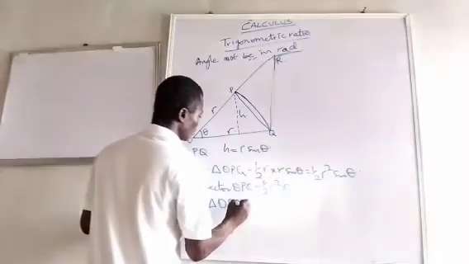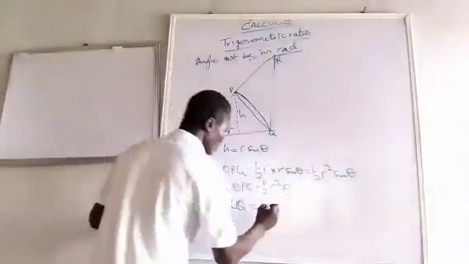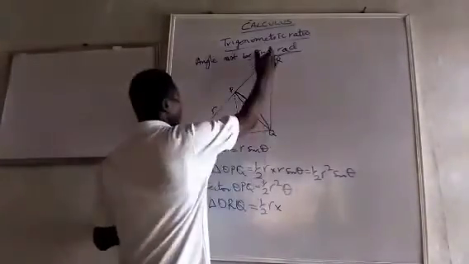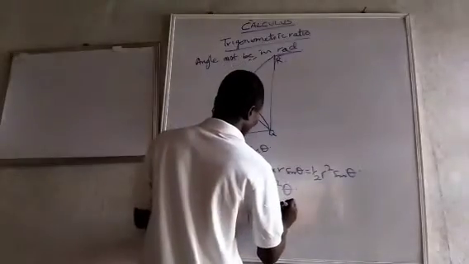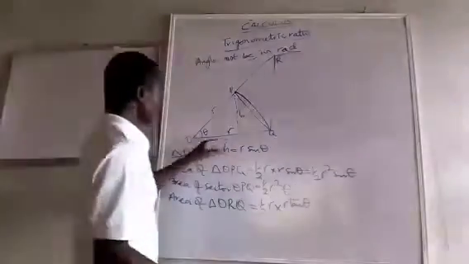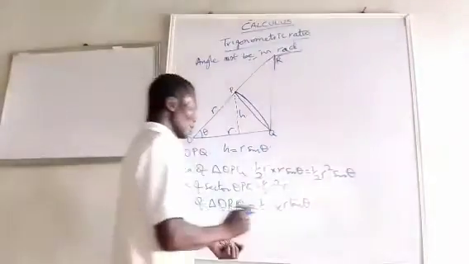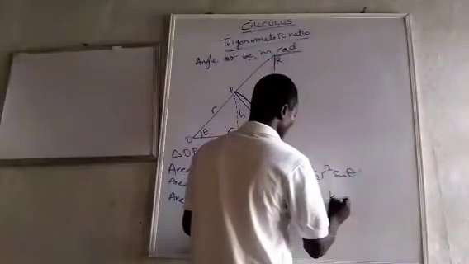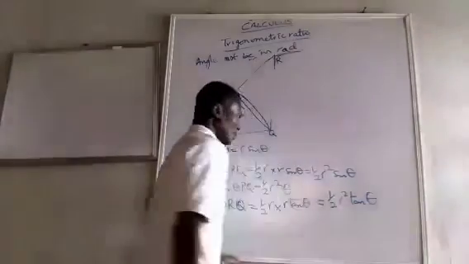Now, for the area of triangle ORQ, it is equal to half base times height. Now, what is this base? r, and this is the relationship between the sides: tan theta. So it's going to be half r squared tan theta.